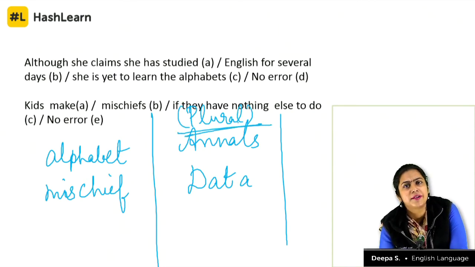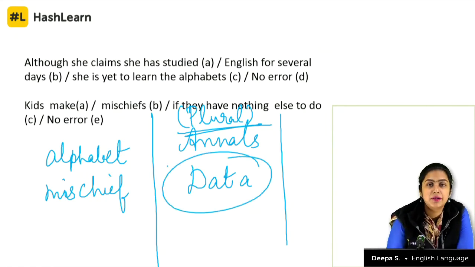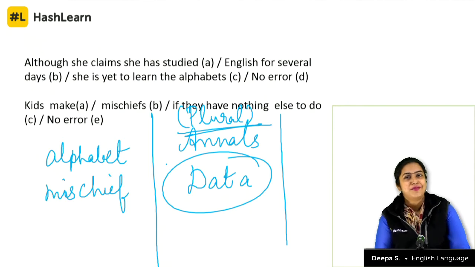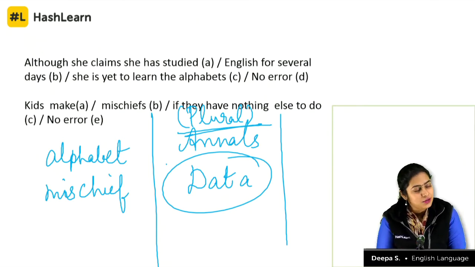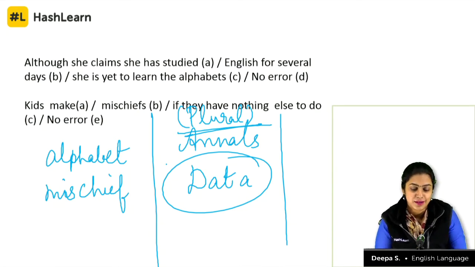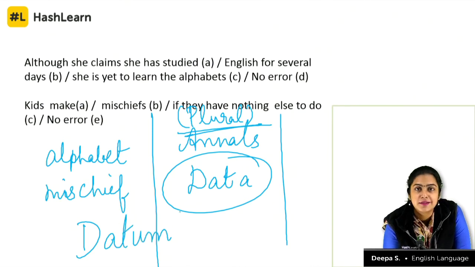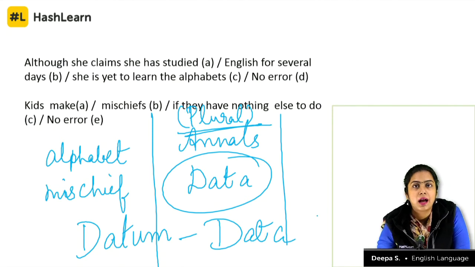You don't talk about a single annal in history. It's always annals of history. And then there is data. When you look at data, we seem to think of it as a singular entity, correct? That's not the case. Datum is the singular form, and then you have data.